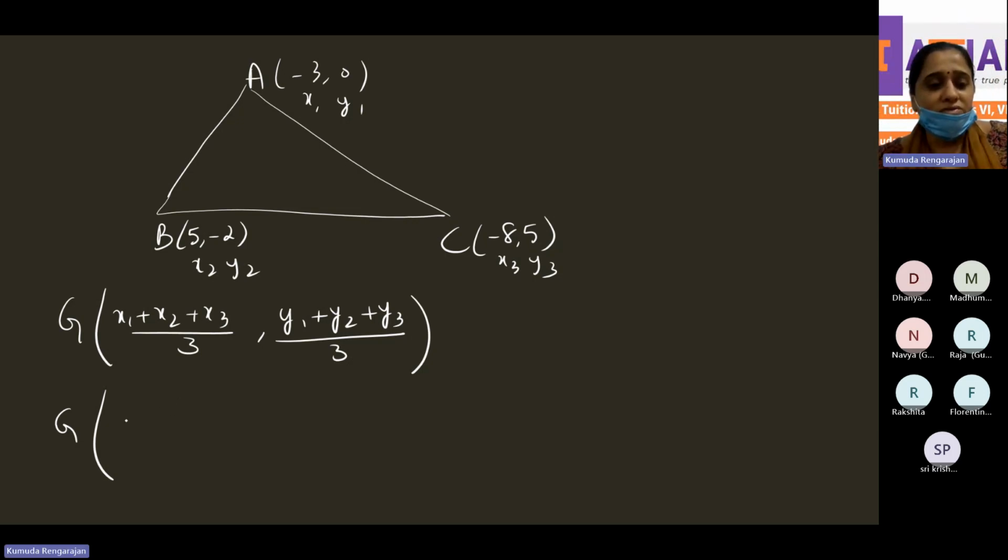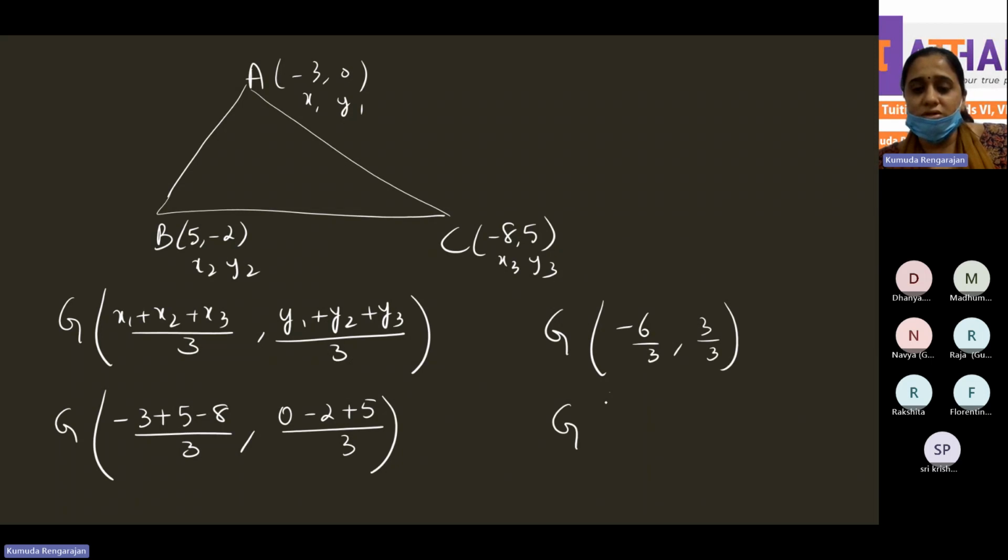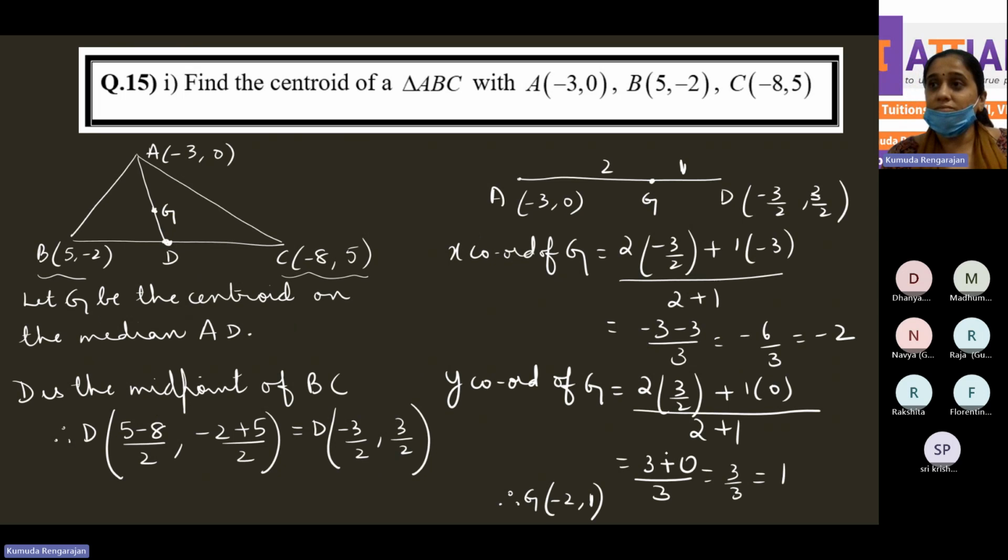So it will be (-3 plus 5 minus 8) by 3, comma (0 minus 2 plus 5) by 3. So G is -6 by 3, comma 3 by 3. So G is (-2, 1). See, -2.